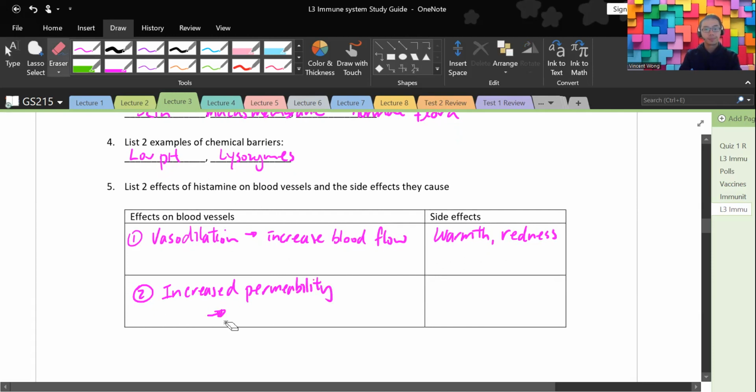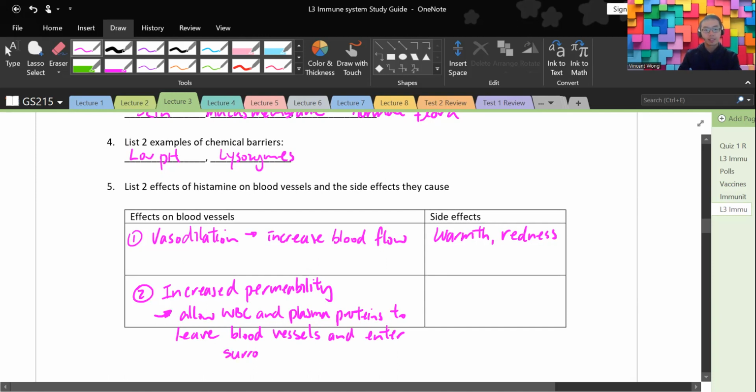Which will allow the WBC and plasma proteins to leave blood vessel and enter surrounding tissues.